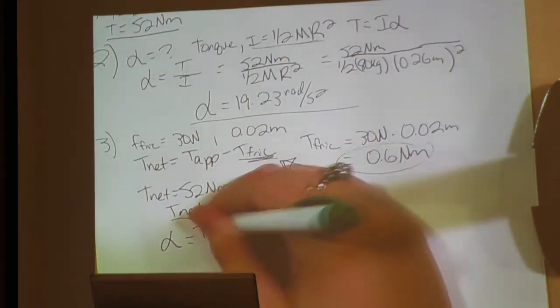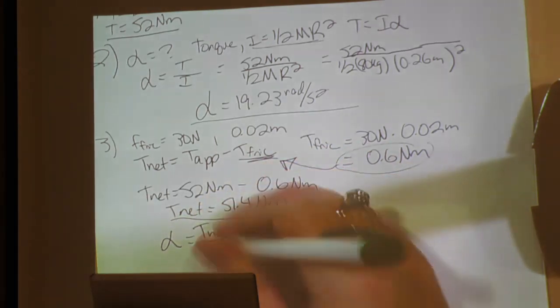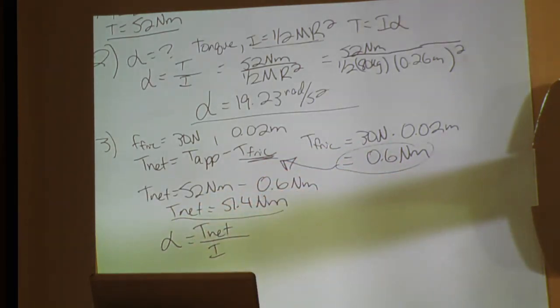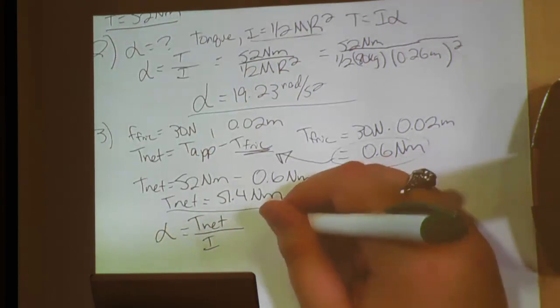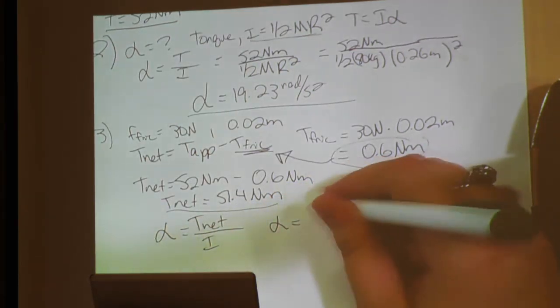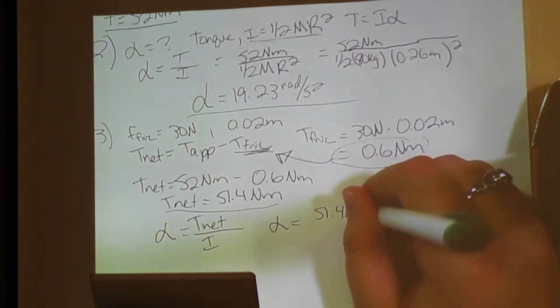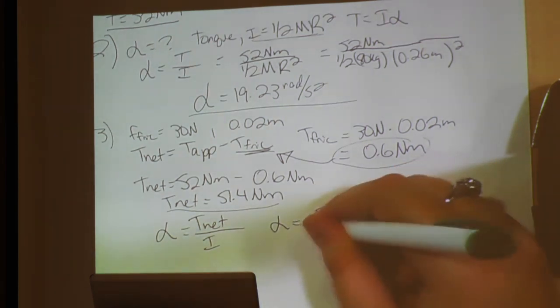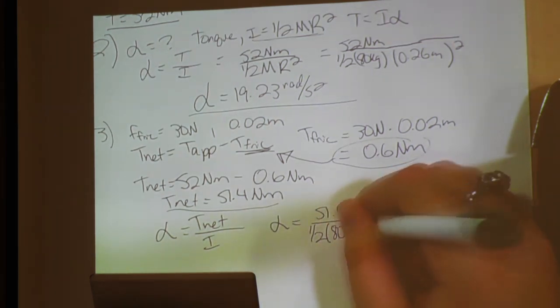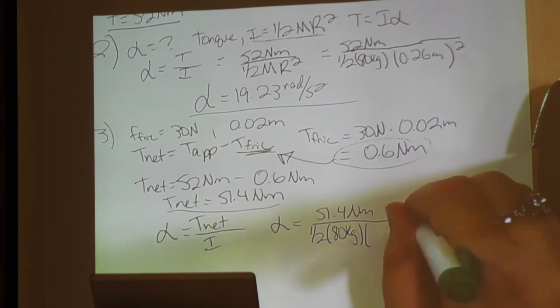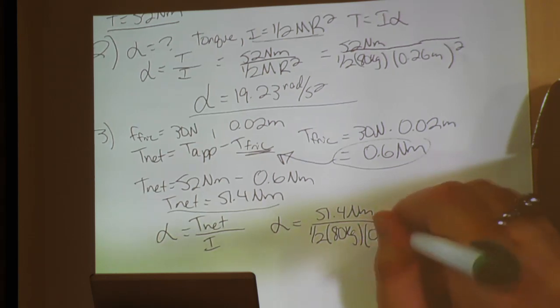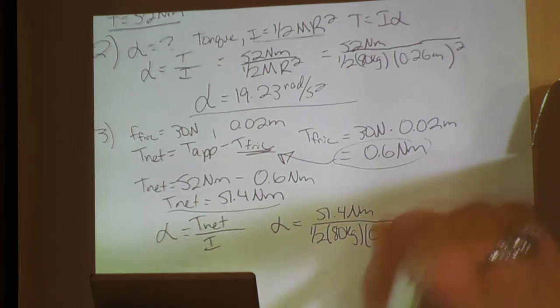Angular acceleration is going to be equal to torque net over the moment of inertia. So we get angular acceleration is equal to the 51.4 newton meters over the 1/2 times 80 kilograms times 0.26 meters squared.